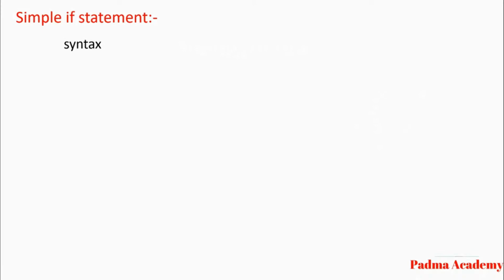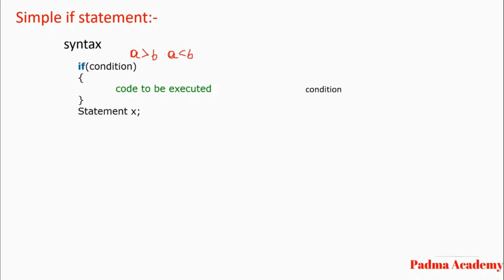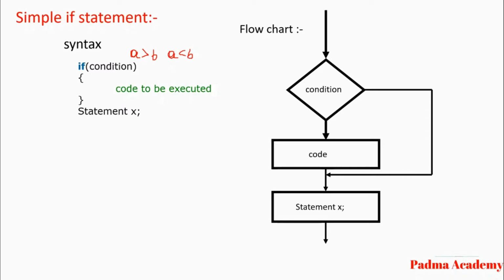The syntax of the simple if statement is: if condition, a condition like a is greater than b or a is less than b, some logical condition, then the code to be executed, then statement X. So we will first see the flow of execution.